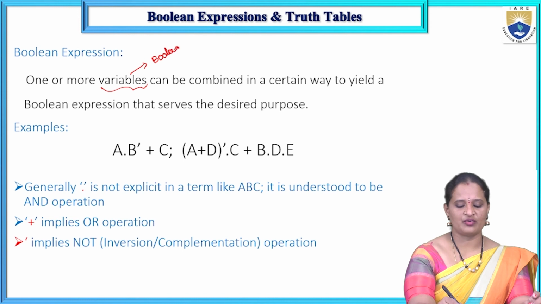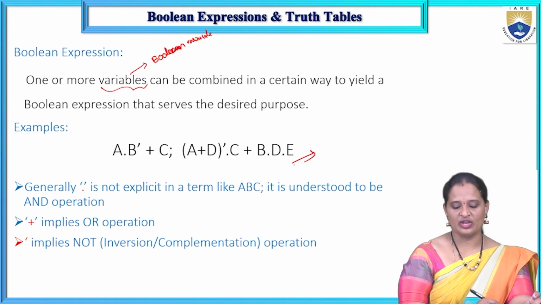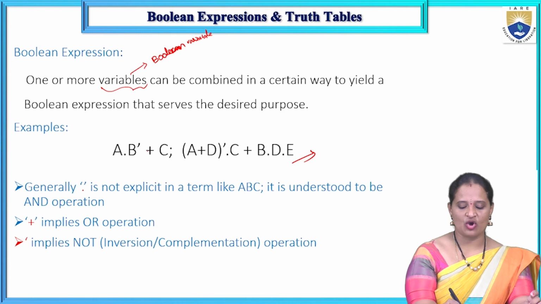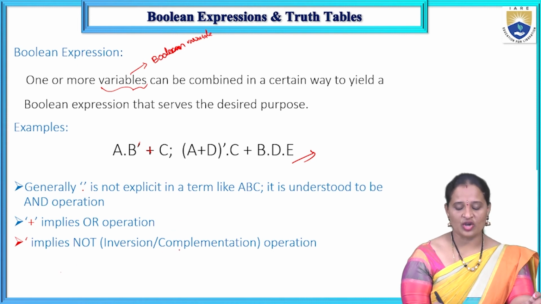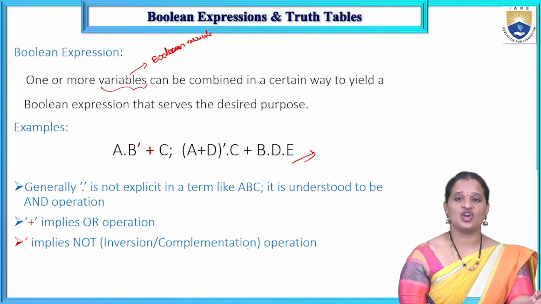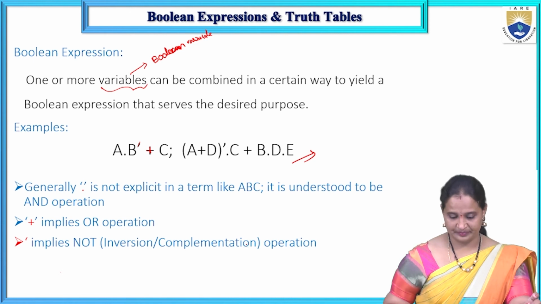We have to consider Boolean variables, or binary variables. This is an example of a Boolean expression, which includes the plus operator, dot operator, and complement. As you already know, the plus operator performs the OR operation, the dot operator performs the logical AND operation, and the complement operation performs the NOT, or inversion, operation.